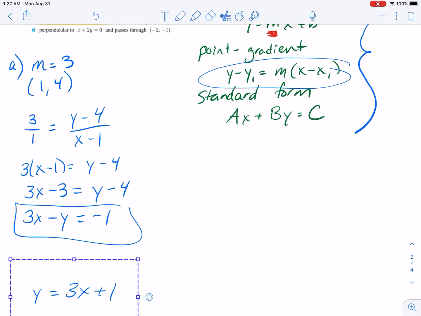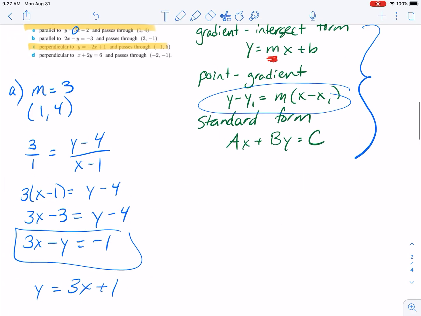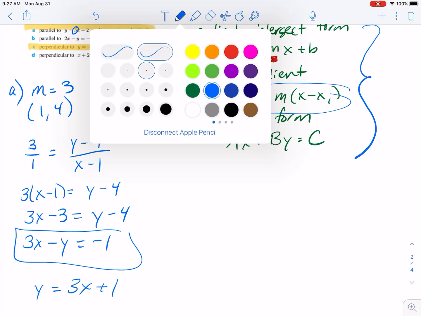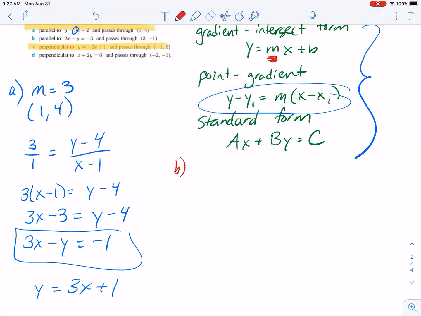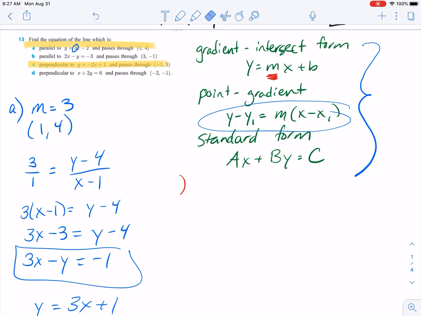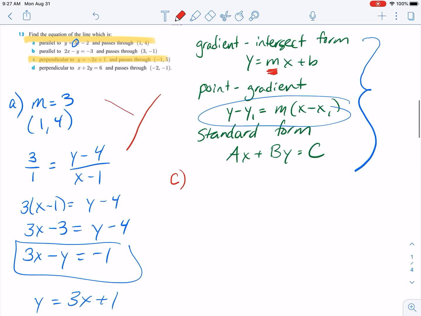That's part A, and let's change color for part C; the question was for C, my bad. C was perpendicular to that line. Whatever its slope is, the perpendicular slope is going to be the negative reciprocal. Say this is a slope of negative 2 over 1, so the perpendicular slope is 1/2.